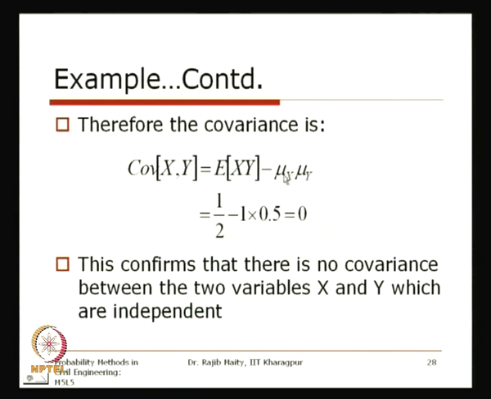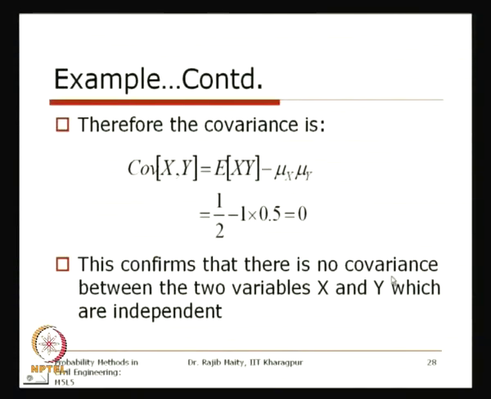We already know mu x and we already know mu y. So, this is equal to half minus 1 multiplied by 0.5, which is equal to 0. This answer was expected, because we started with the assumption that these are independent.